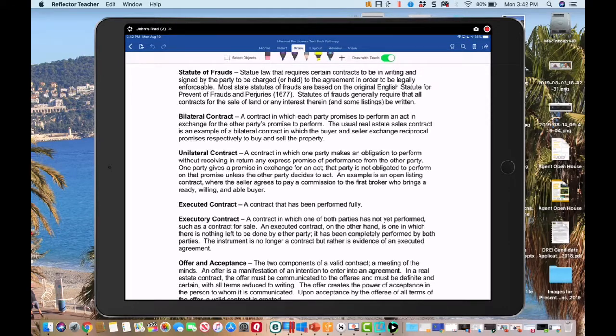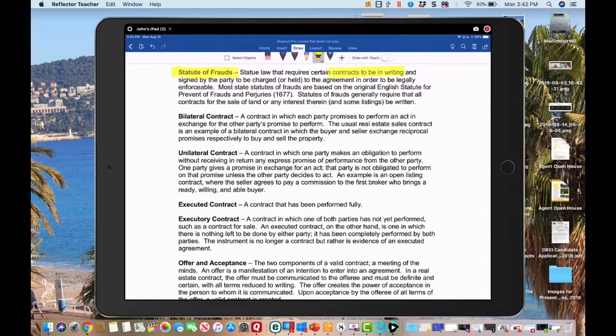Right off the bat, I would definitely make sure and know this term, the statute of frauds. And really, all you need to understand about the statute of frauds is that contracts need to be in writing. Okay? Contracts need to be in writing.